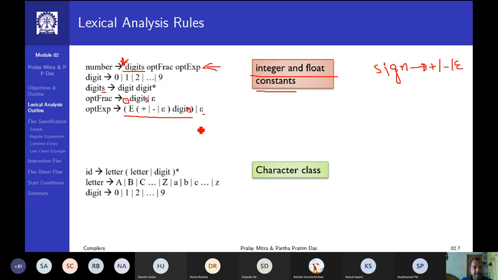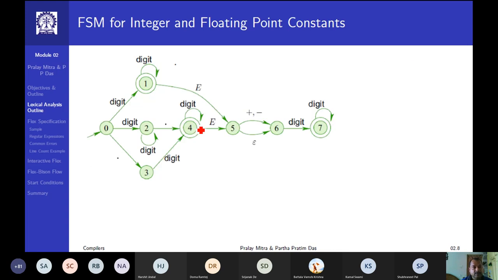Next, go to the FSM, finite state machine, for integer and floating point constants. Starting from this start point, the arrow pointing here, each circle has one integer number inside it.